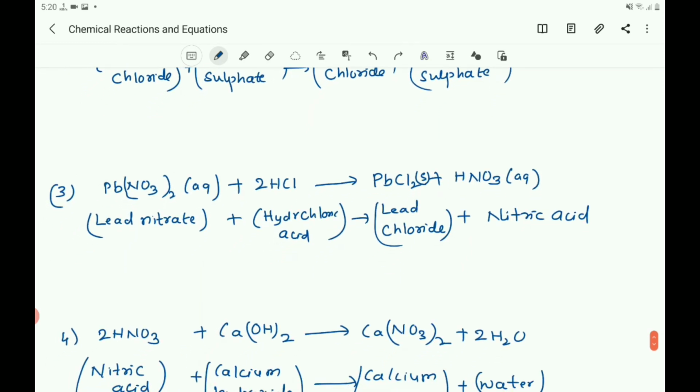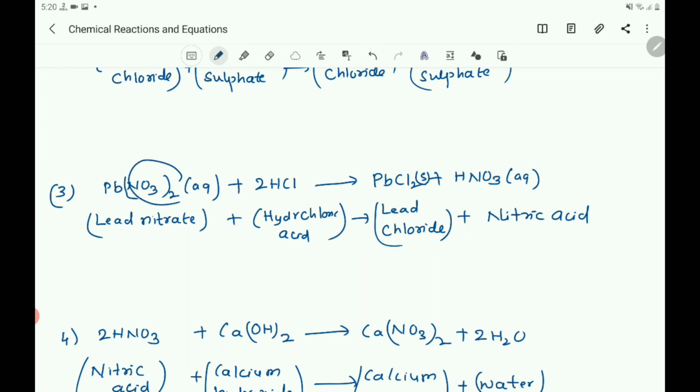Next one is Pb(NO3)2. Lead nitrate reacts with hydrochloric acid to give lead chloride and nitric acid. Here also there is exchange of ions.